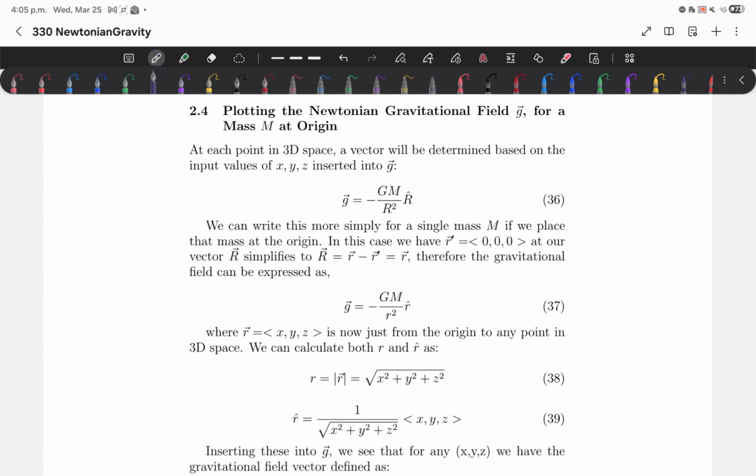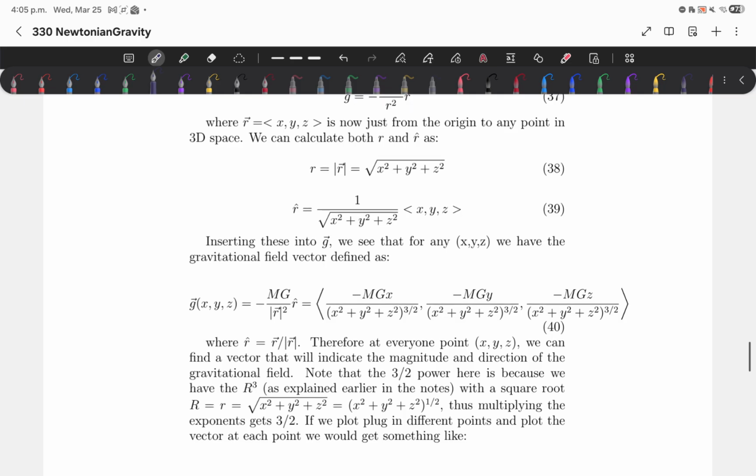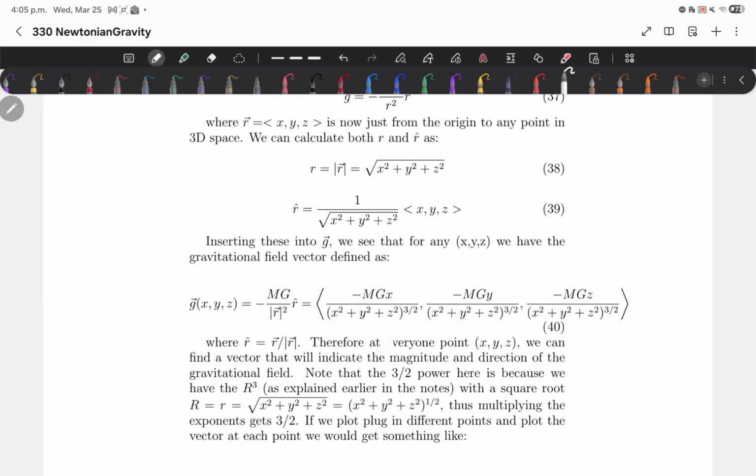Well, little r magnitude is the square root of x squared plus y squared plus z squared. We know the unit vector, so we put it all together, and we can get the gravitational field for any position in 3D space. We can plug in any number we want and get exactly what that vector will be. Now, this vector here, remember the cube, that comes from that cube power we just talked about.